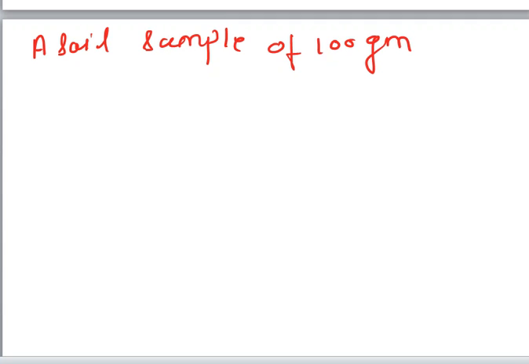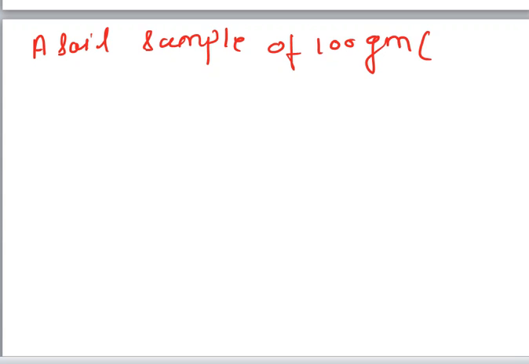First, let us consider a soil sample of 100 grams, and this soil contains all the particles, distributed in different proportions.